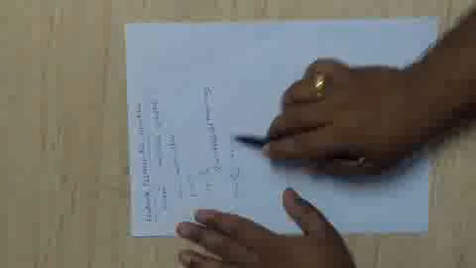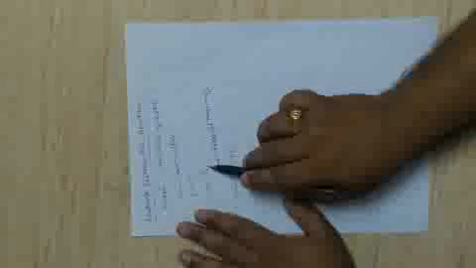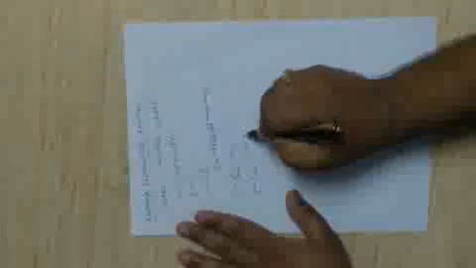And since we know W is equal to h nu naught, we can say half m v max square is equal to h nu minus h nu naught, which is equal to h times nu minus nu naught.